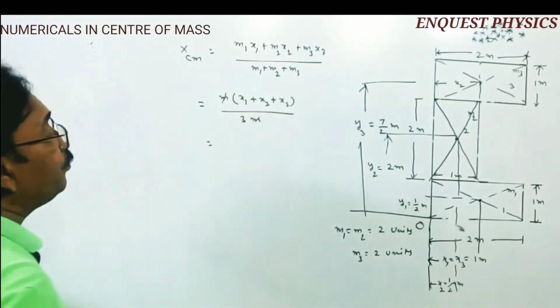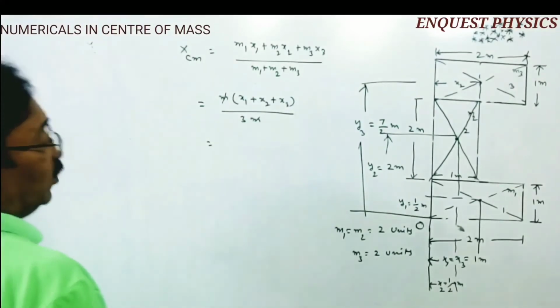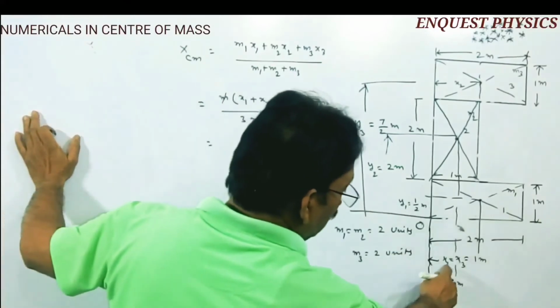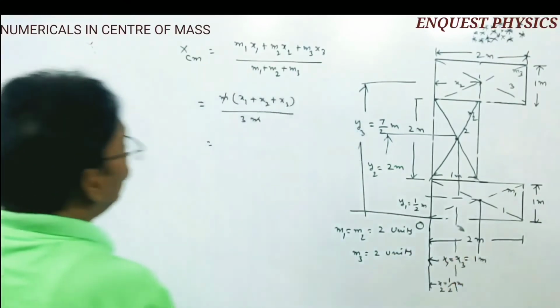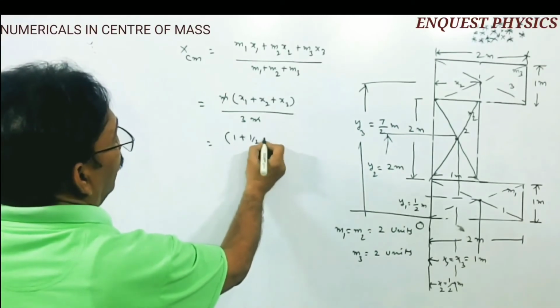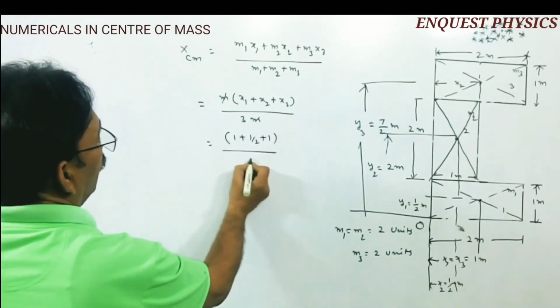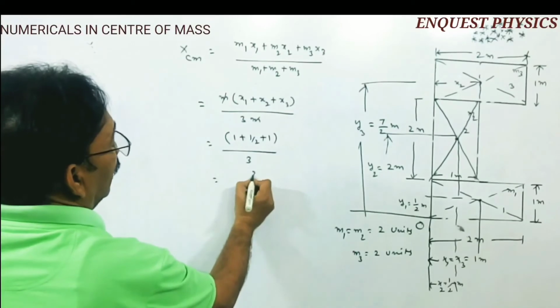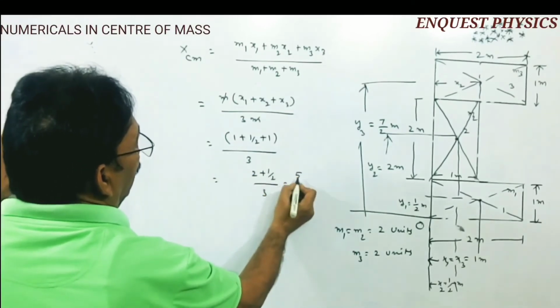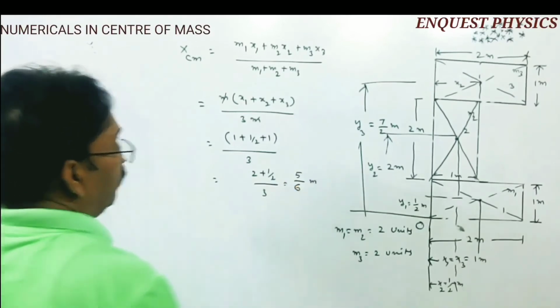The m's get cancelled. Okay, students, x1, what we have? x1 is equal to x3 is equal to 1. 1 plus half plus 1 by 3. It is 2 plus half by 3. It is 5 by 6 meter.